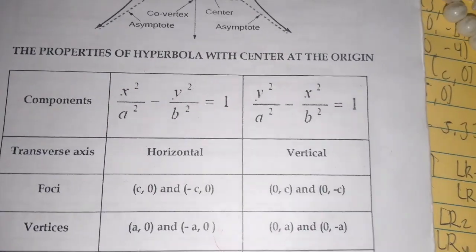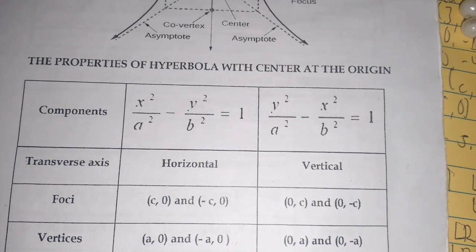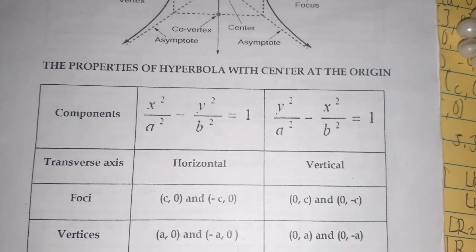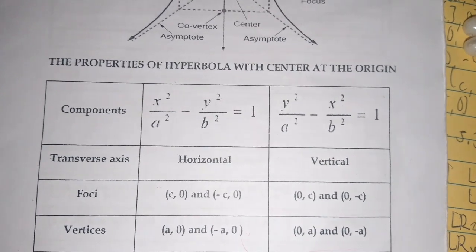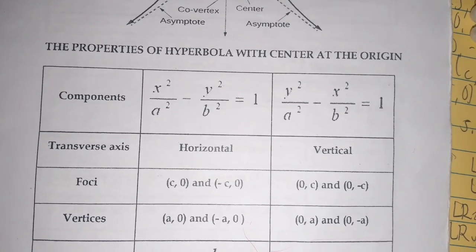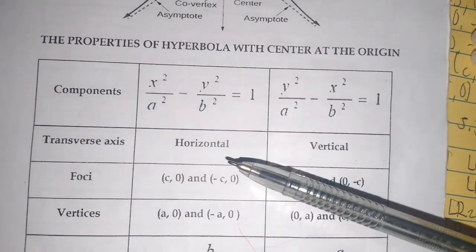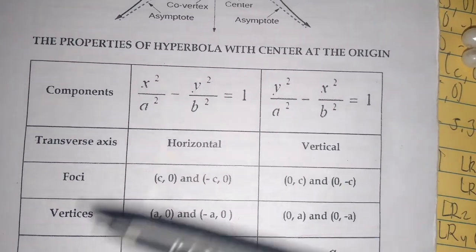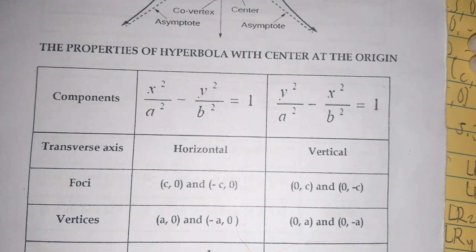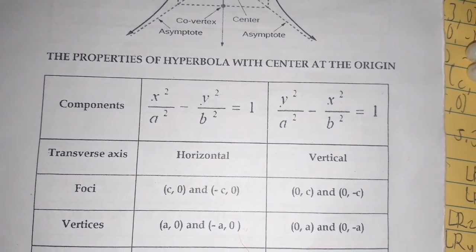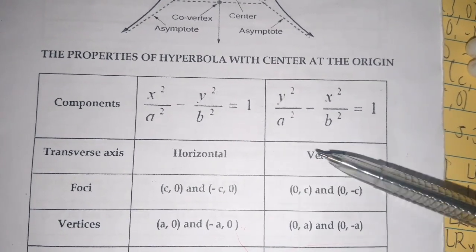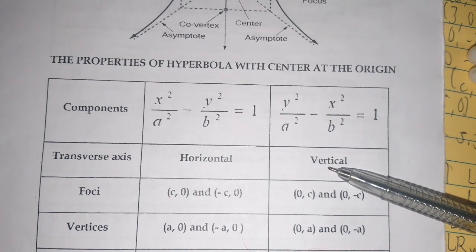So here is our guide on determining what formula to be used in order to find all the points of a hyperbola. We have horizontal and vertical. How can we know if the given standard equation is horizontal or vertical? It is simple.